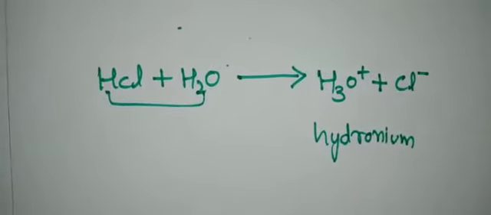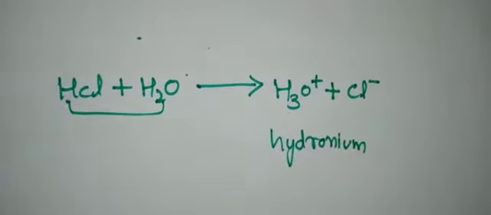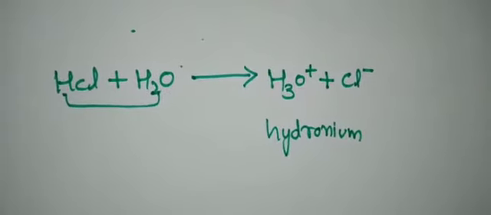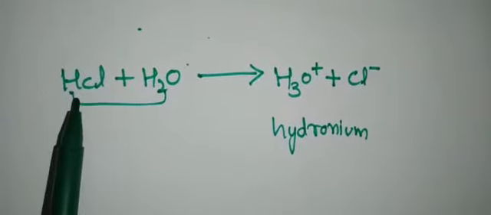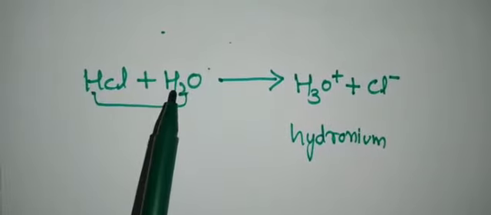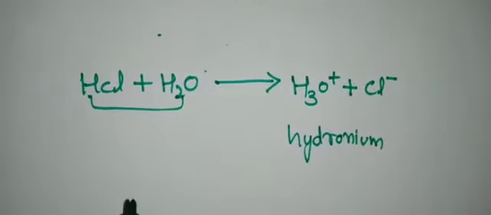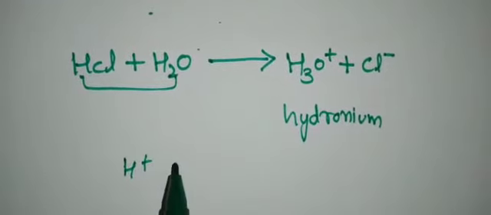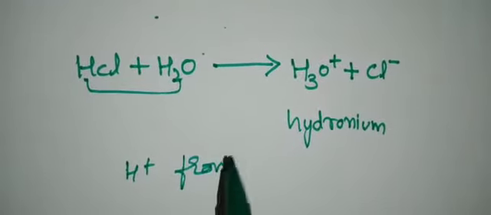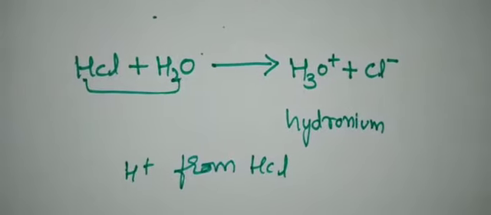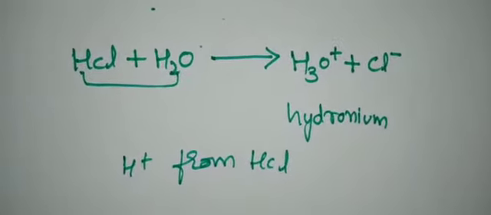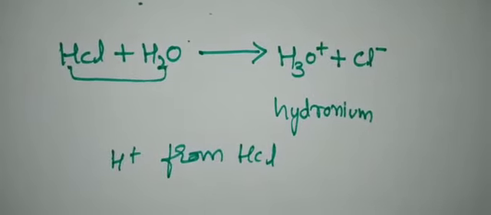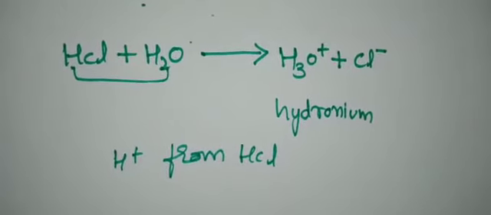This experiment suggests that hydrogen ions in the HCl are produced in the presence of water, and the separation of H plus from HCl is not possible in the absence of water, which we tested with the help of dry litmus and wet litmus paper.